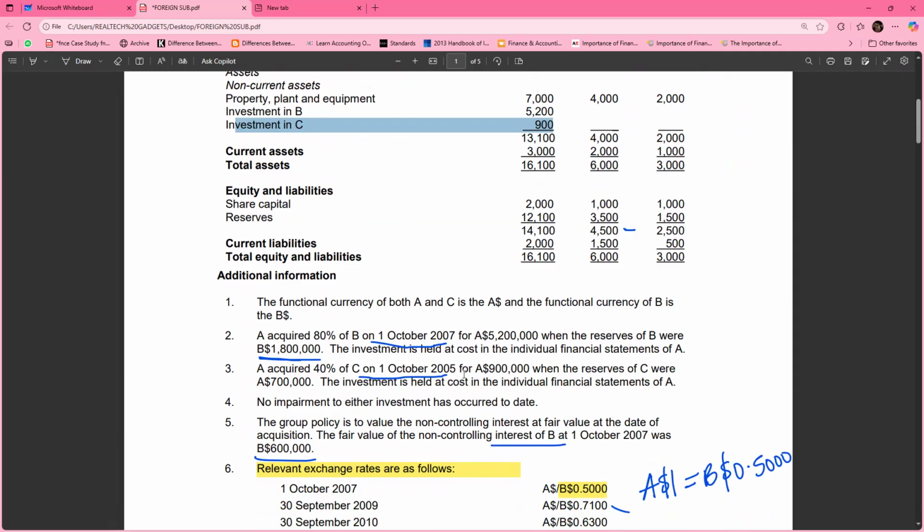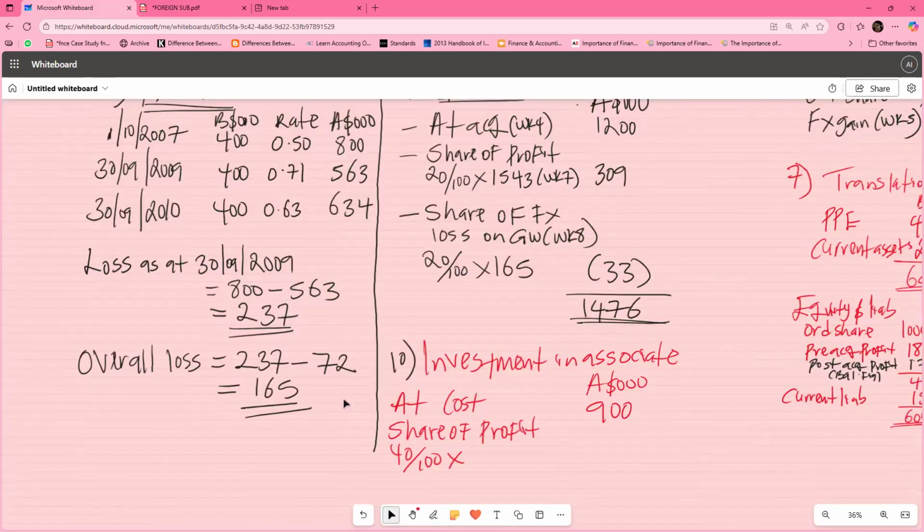A acquired 40% of this for 900. At least we have shown when the reserves were this. So the reserve has moved from 700 to 1.5. When you acquired it, it was 700. Then as of today it is 1.5.